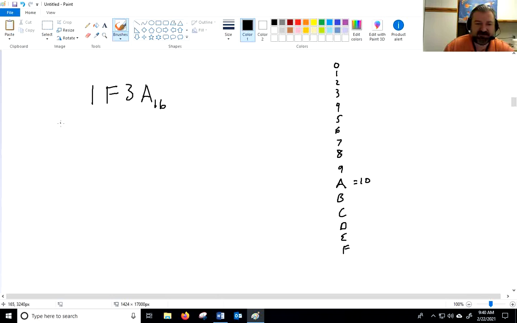So let's expand this one. We have 1 times 16 to the third plus F times 16 to the second plus 3 times 16 to the first plus A times 16 to the 0.